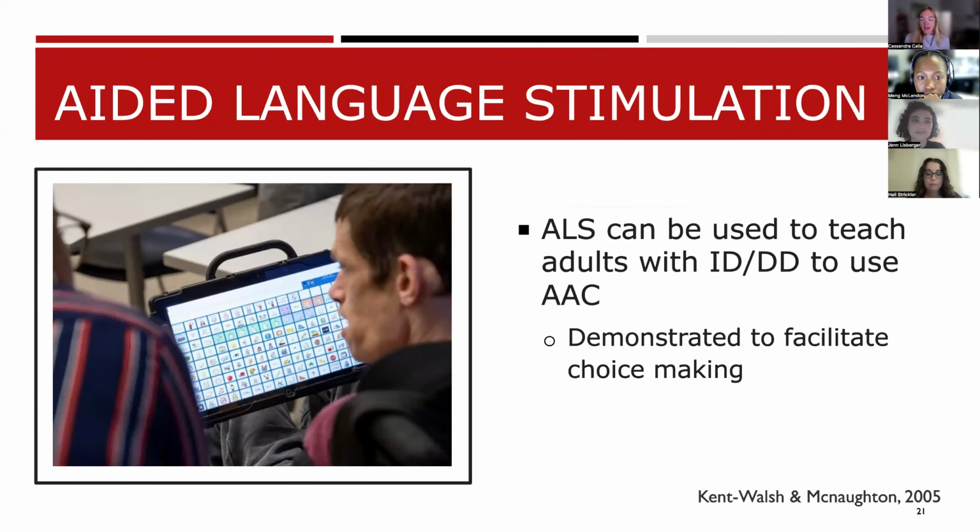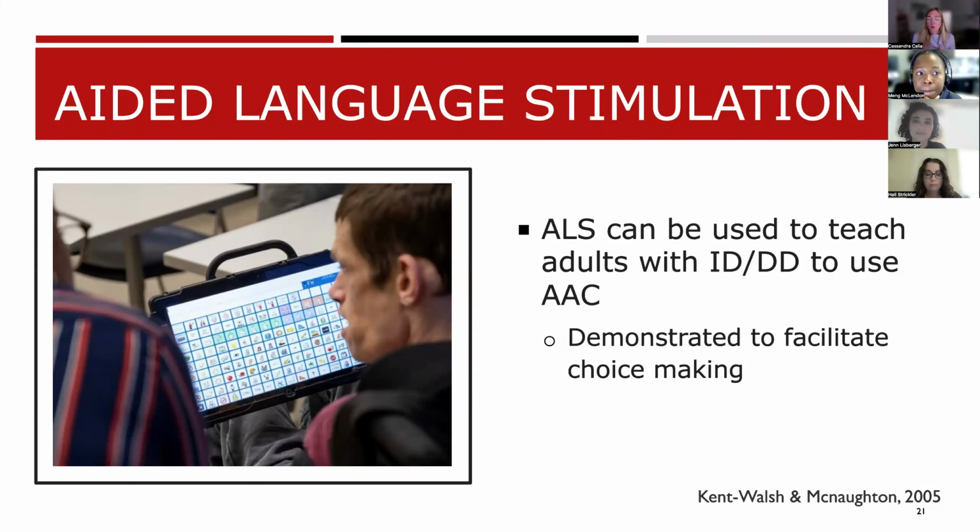So Kent-Walsh and McNaughton touched a little bit on aided language stimulation in their article, and they said that this was a super effective strategy to help our adults with ID or DD using AAC, specifically to facilitate choice making. So this is a really great skill if you're looking for one interaction skill to help teach DSPs or residential staff or any communication partners. Consider aided language stimulation. And this really just involves providing input to the AAC user using their own AAC.